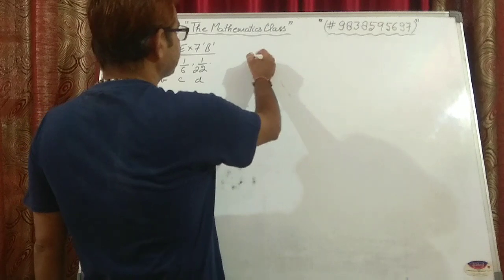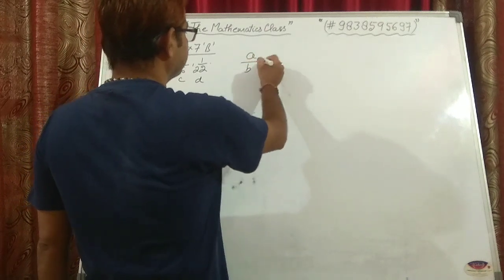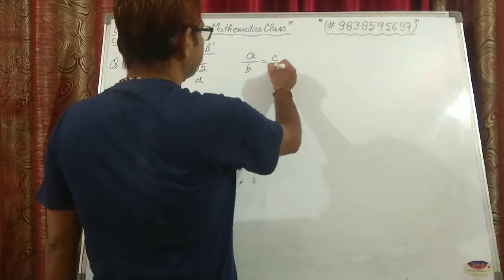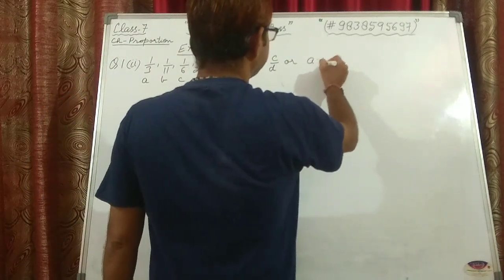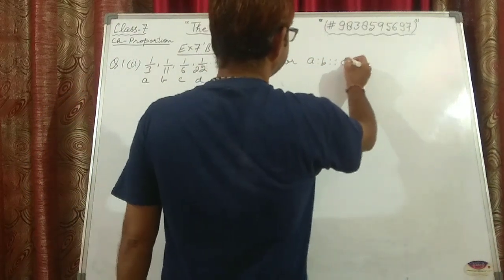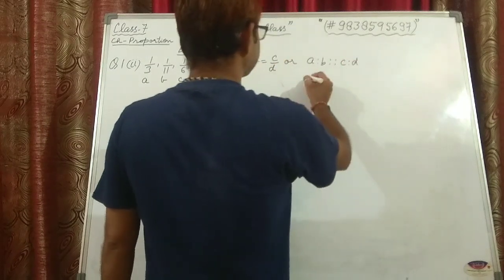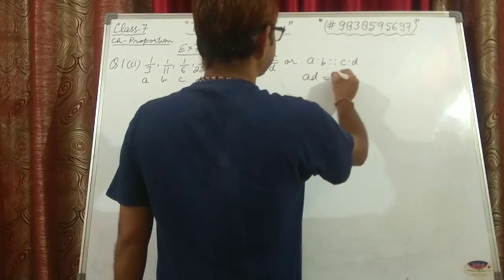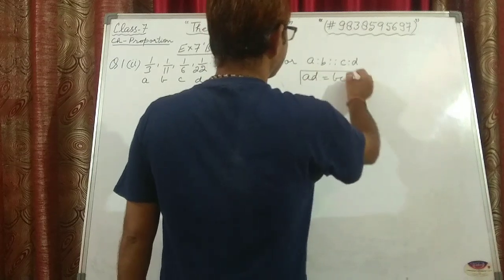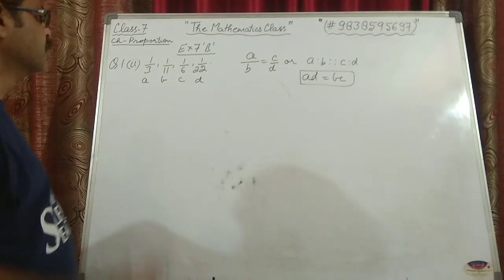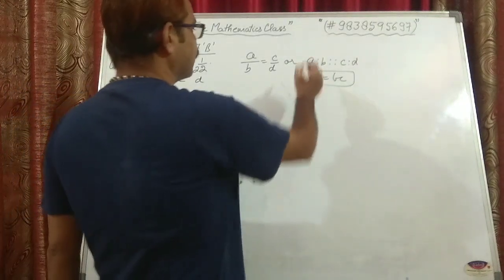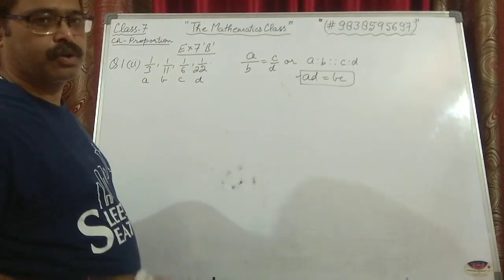We know to be in proportion that A upon B is equal to C upon D, or we can also say that A is to B proportion C is to D, or we can say that A into D is equal to B into C, or product of means is equal to product of extremes. So we will use this formula to check whether they are in proportion or not.